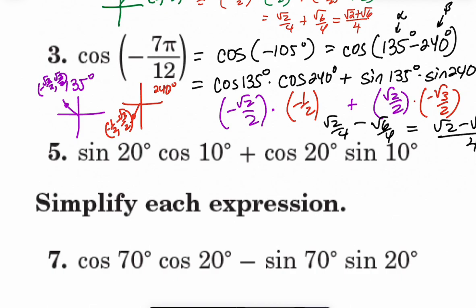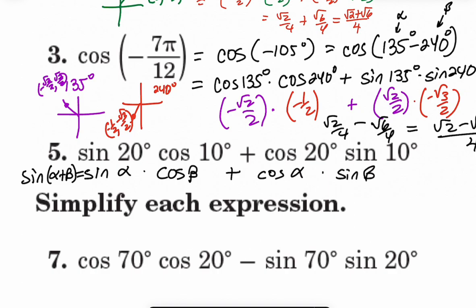Well, that's our sine sum formula. So this is the same as the sine of alpha plus beta, because it's the sine of alpha cosine of beta plus the cosine of alpha times the sine of beta. That's how we know, because it's going in the correct order. Sine, cosine, plus cosine, sine.